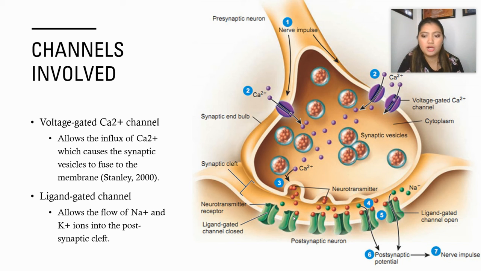Something to pay attention to, again, neurotransmitters can give us different effects depending on what kind of neurotransmitter it is. It can give us an excitatory response, or it can give us an inhibitory response, just depending on what type of neurotransmitter is being released at that time.